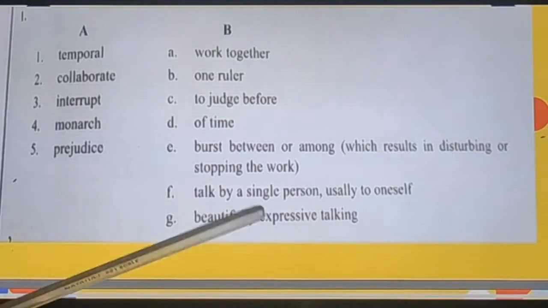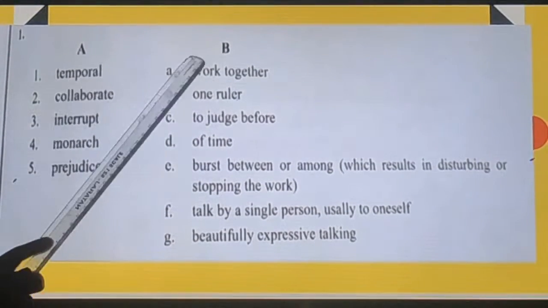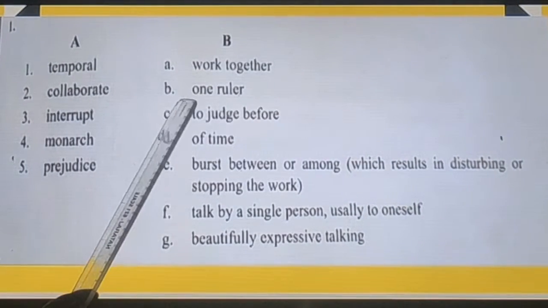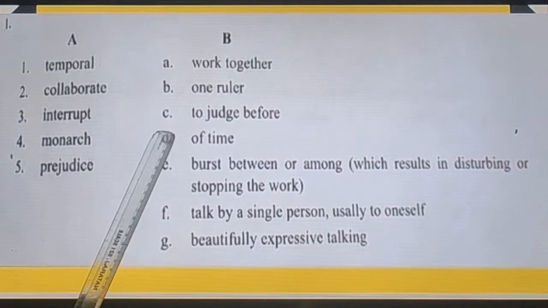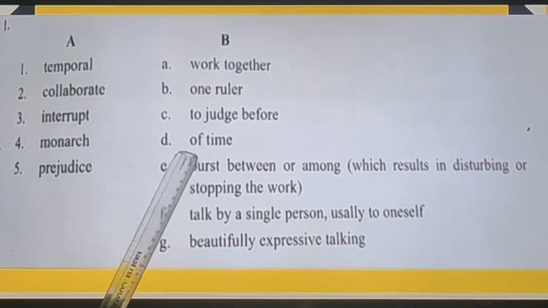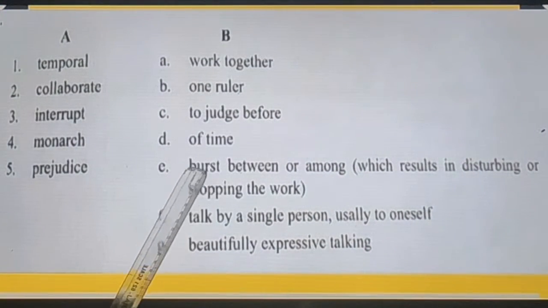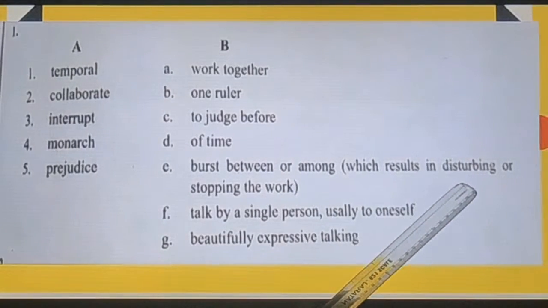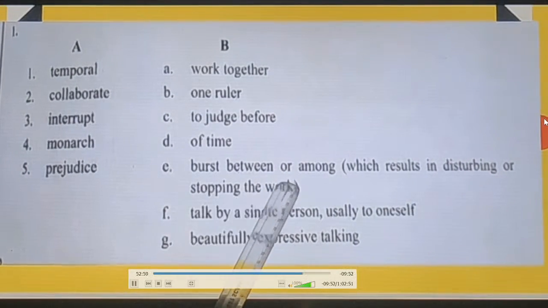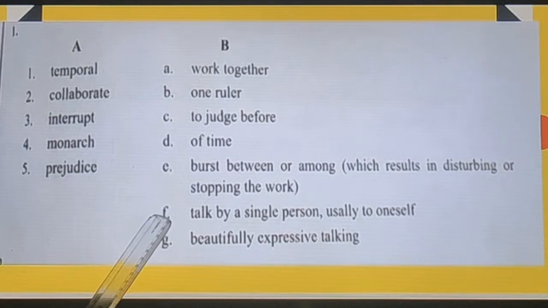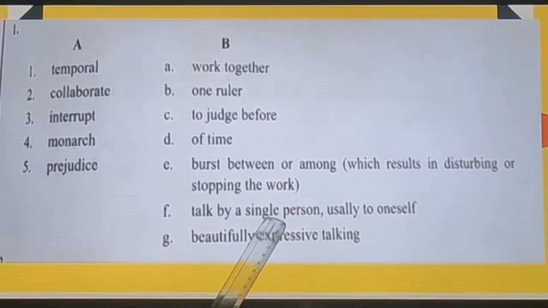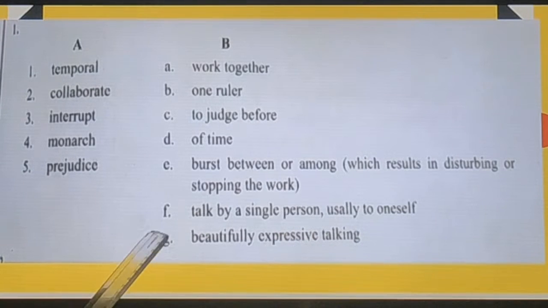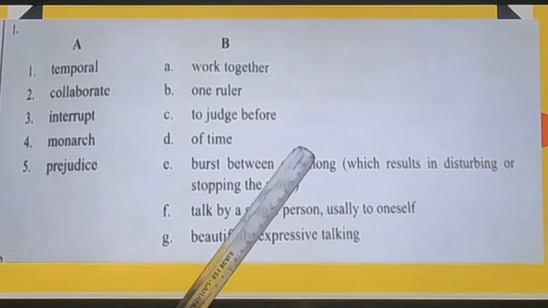A, work together; B, one ruler; C, to judge before; D, of time; E, burst between or among, which results in disturbing or stopping the work; F, talk by a single person, usually to oneself; and G, beautifully expressive talking.